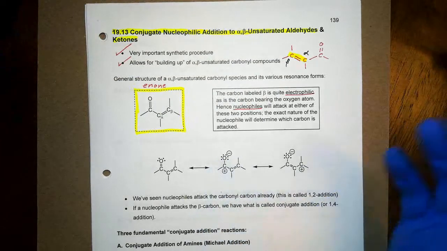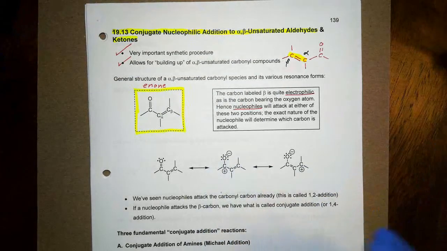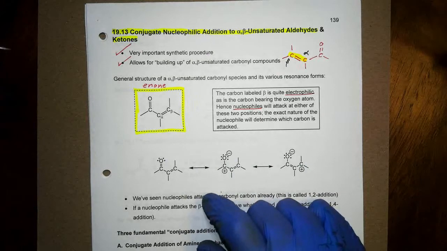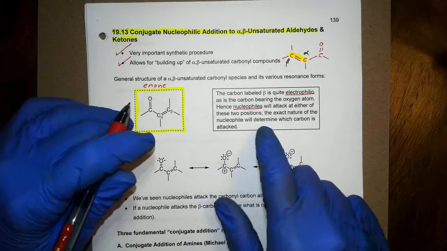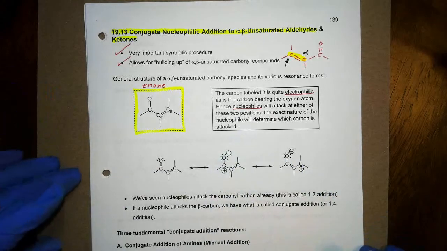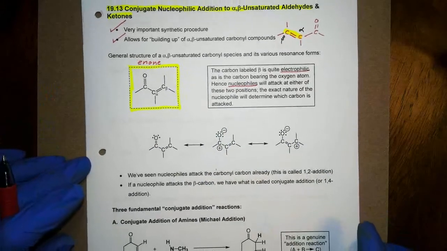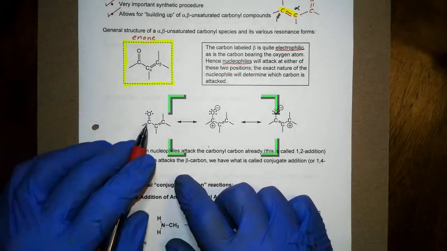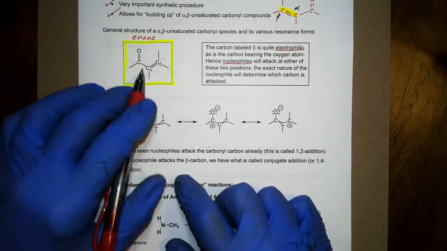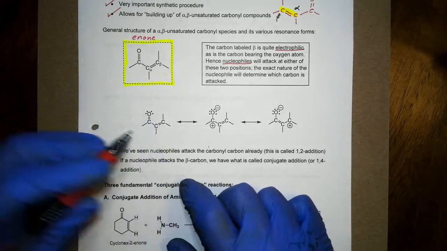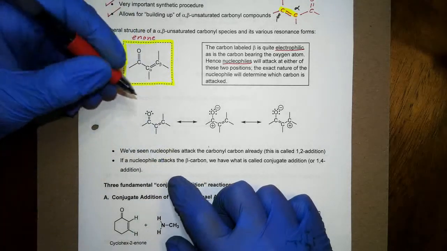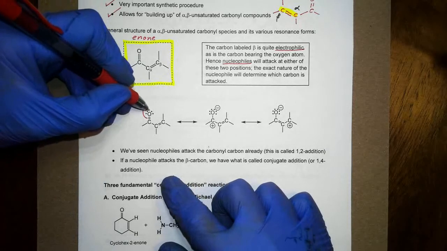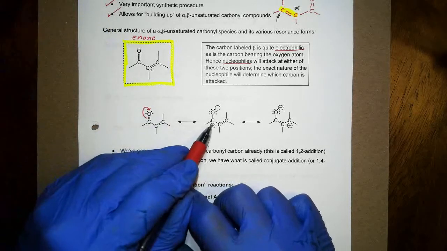But it can attack at either of two positions. Which one? Well, the exact nature of the nucleophile will determine which carbon is actually attacked. So we'll talk about exactly where the nucleophile will go. But let's look at these resonance forms. Here's the one that you're most used to, right? If I were to take this pair of electrons here and just place it there, then we would have that resonance form.